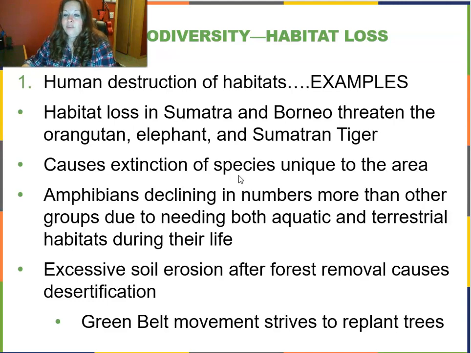Amphibians are declining in numbers more than other groups because they have parts of their life cycle that involve both aquatic and terrestrial habitats during their lifetime. And excessive soil erosion after the removal of forests causes desertification. All of these examples here are habitat loss, which then causes biodiversity loss.